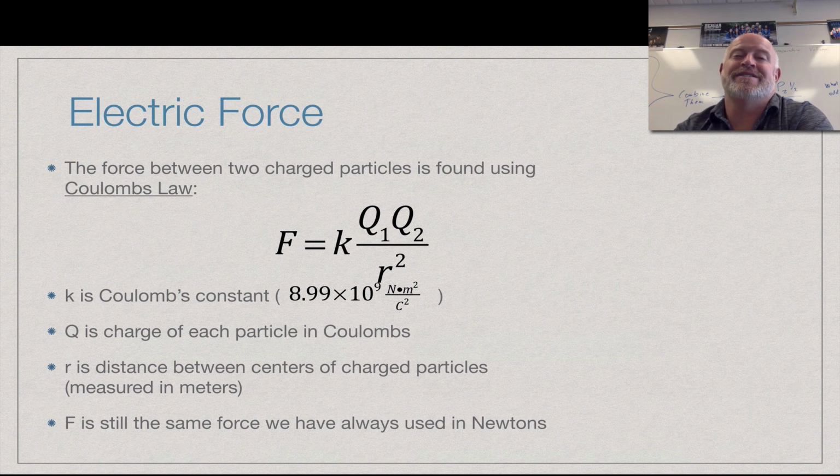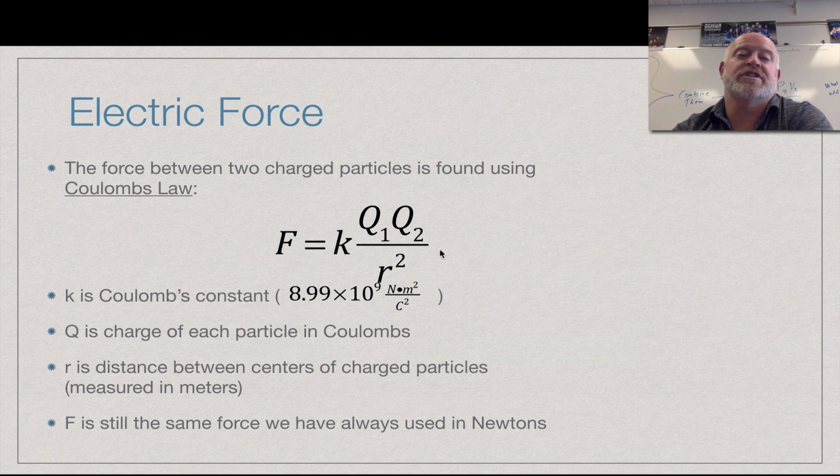All right, now, once we know what a Coulomb is and how much charge is there, we need to be able to solve for the amount of force available. By doing that, we go to what's called Coulomb's Law. Coulomb's Law tells us that the force available is equal to a universal constant for force times the charge of one particle times the charge of the other particle divided by the radius squared.